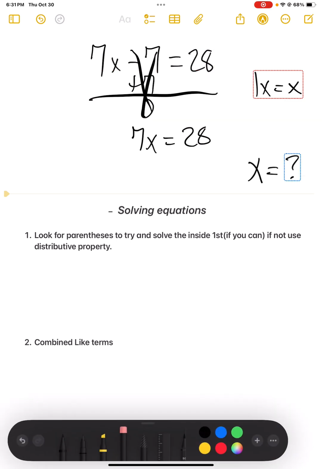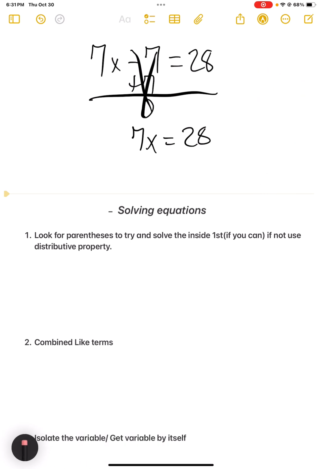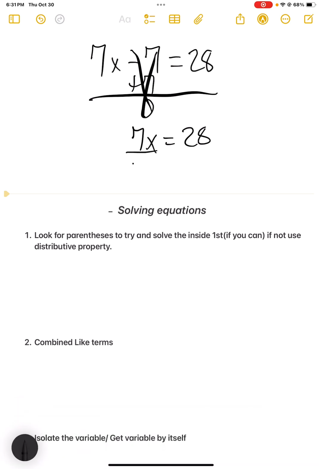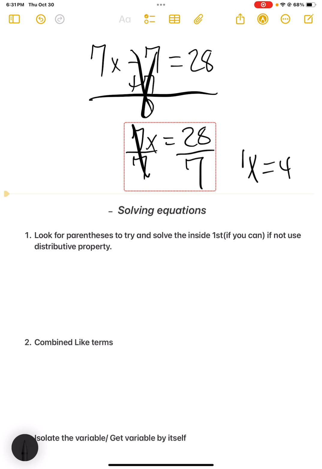This 7 and this x are multiplying together, so just like I did inverse operations earlier, I need to do inverse operations now to get it to equal 1 and separate the two. So I would divide here by 7, then also divide over on this side. These would cancel out or equal 1, and then I would have x is equal to 4.